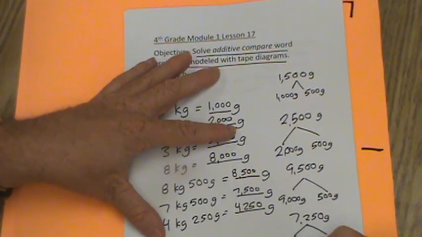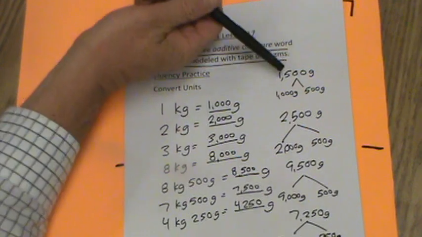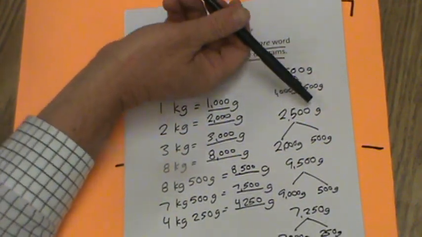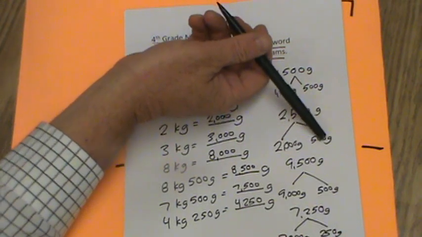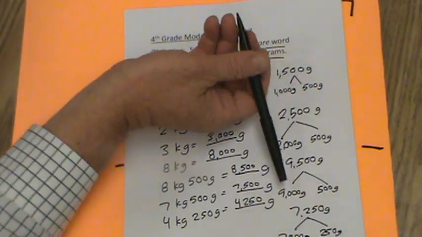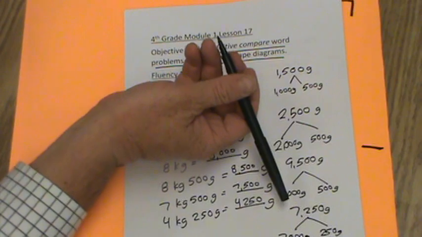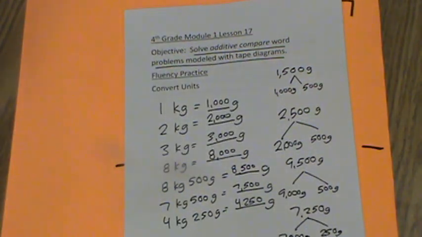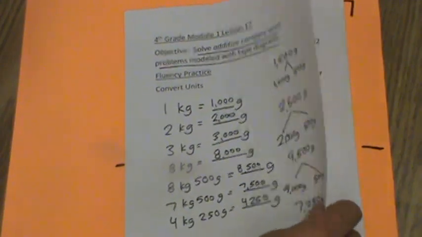So you can see how that works. 1,500 grams is 1,000 grams, 500 grams. 2,500 grams, 2,000 grams, 500 grams. 9,500 grams, 9,000 grams, 500 grams. 7,250 grams, 7,000 grams, 250 grams. There you have it.